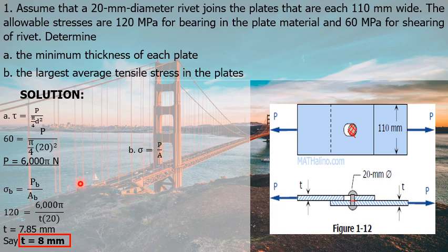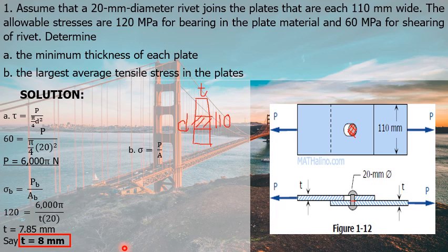Our P is equal to 6,000 pi newtons, the tensile load P. But what is the area we need to consider? The area we need to consider is the cross-sectional area of the plate. Let's try to draw that. The plate is 110 millimeters wide and has a thickness T. And we also have the rivet, which has a diameter d.